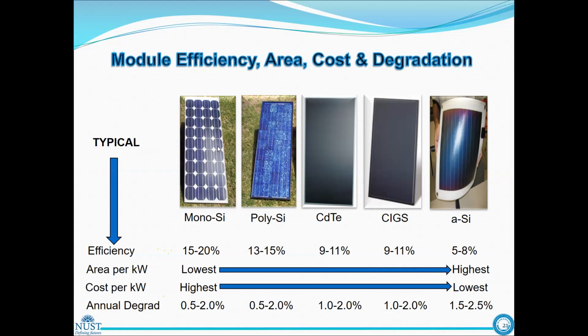So it depends on the peak sun hours in any location. Now in Pakistan, we can usually consider it 5 to 6, but still there are differences in different locations.